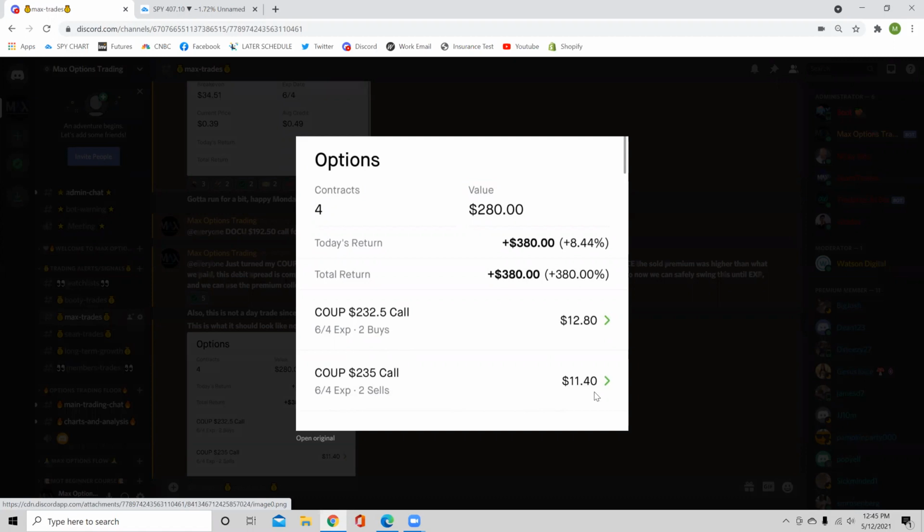So I got $40 per contract higher on the sales than what I initially paid for. So my account has been already credited with $22.80, $80 higher than what I paid here. So even if I hold this and Coop goes to 0, I will still make $80 no matter what happens.